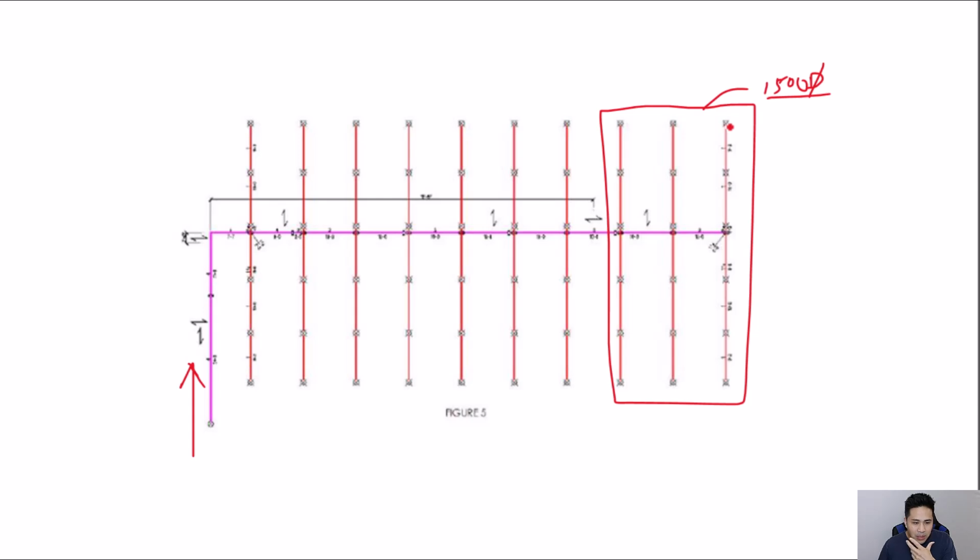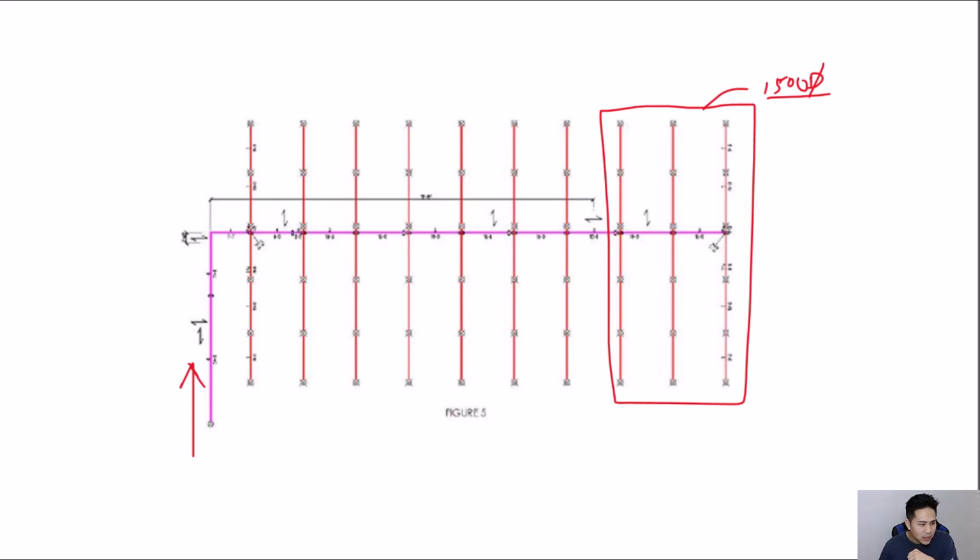So then you would use all of these heads in this zone as part of your hydraulic calculations and use a minimum of 7 psi as the minimum pressure required for all the sprinkler heads.